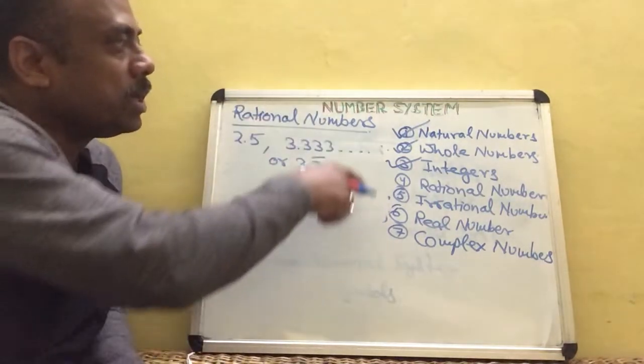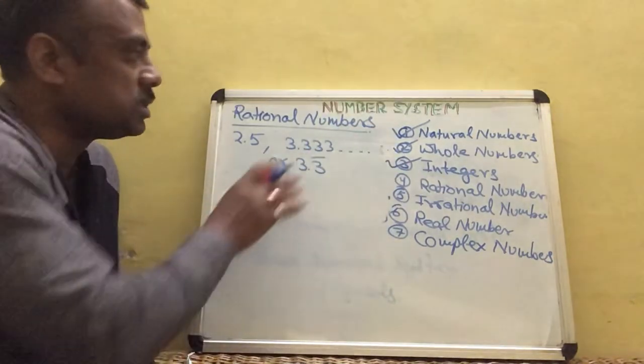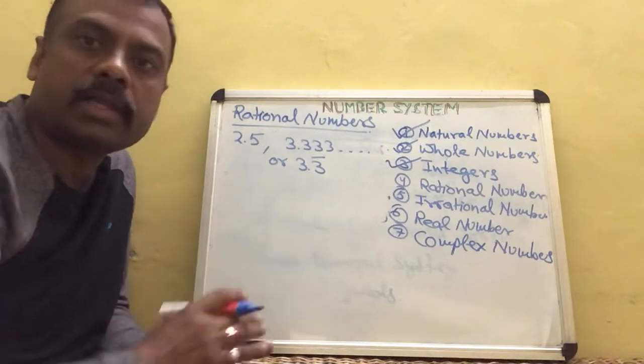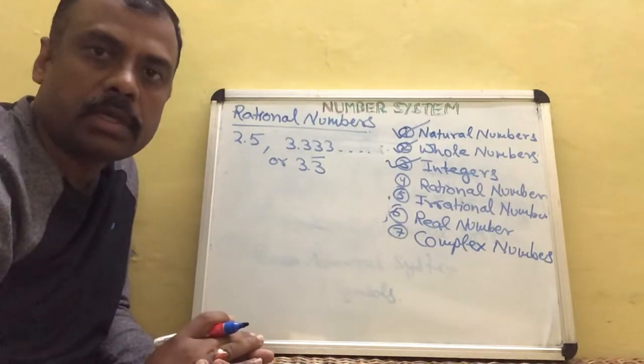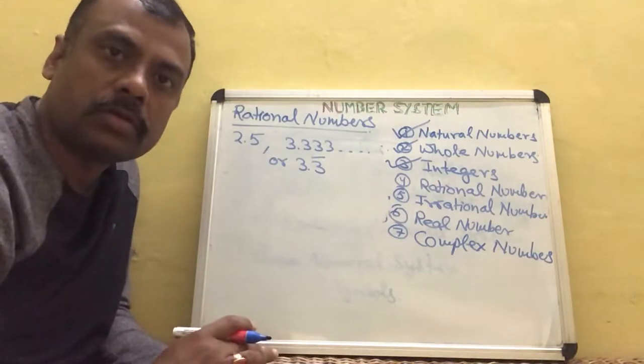You see, the natural numbers, whole numbers and integers don't have these types of numbers. So it means we require another number system in which we can put these types of numbers also.